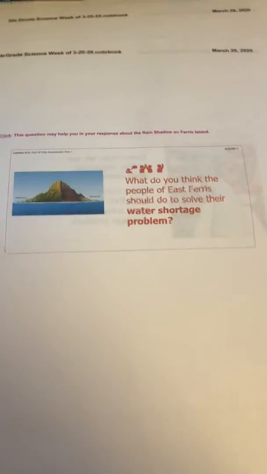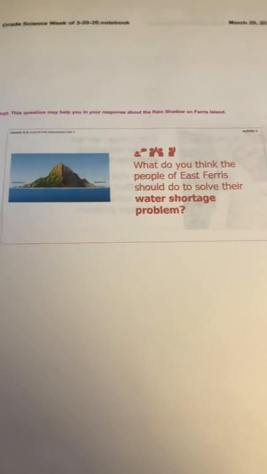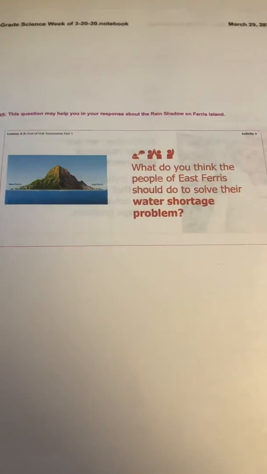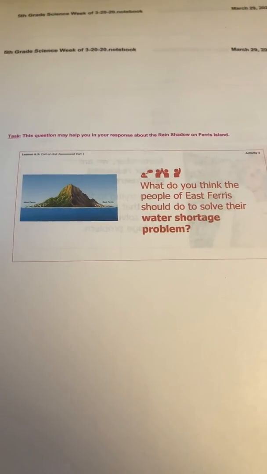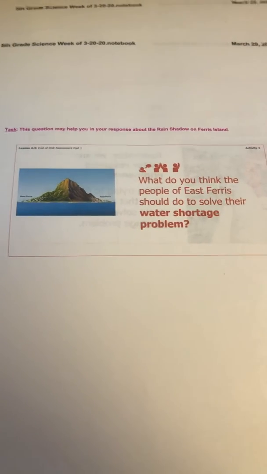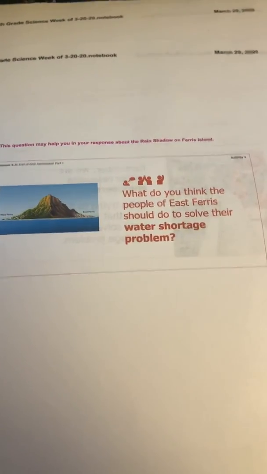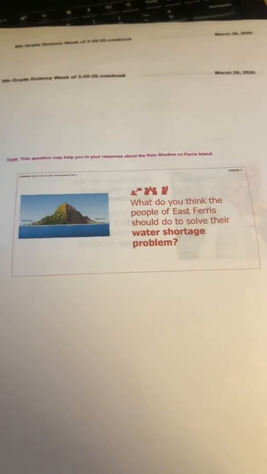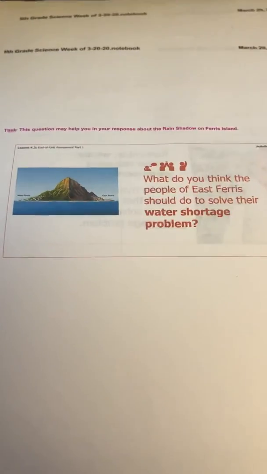If I were you, I would go back to the engineering clean water text. I would look at that, study it, and think about what you could do, just like the engineers did, to make sure that East Ferris has access to clean, fresh water so that they will have what they need to survive there.